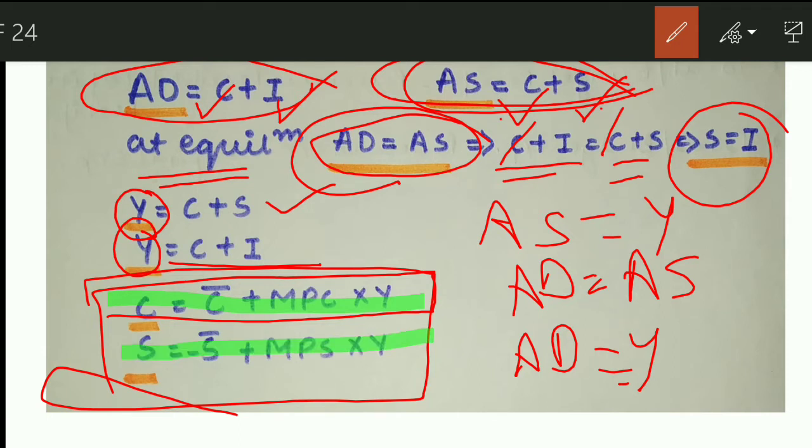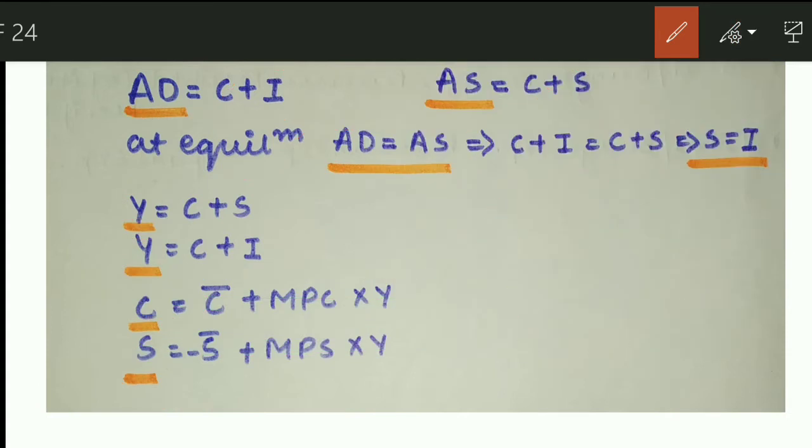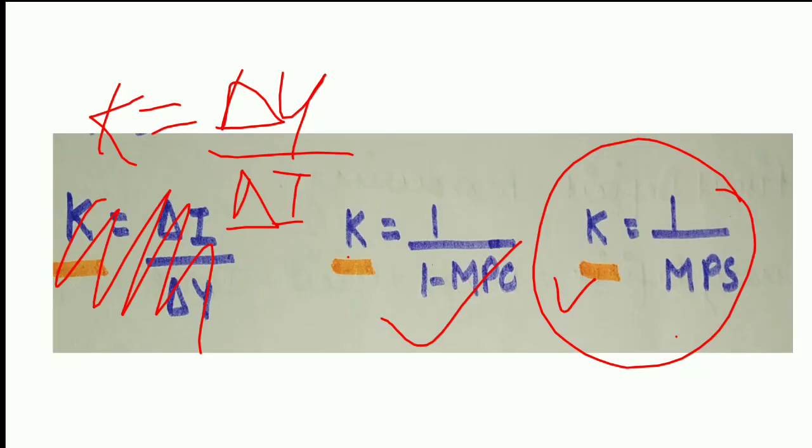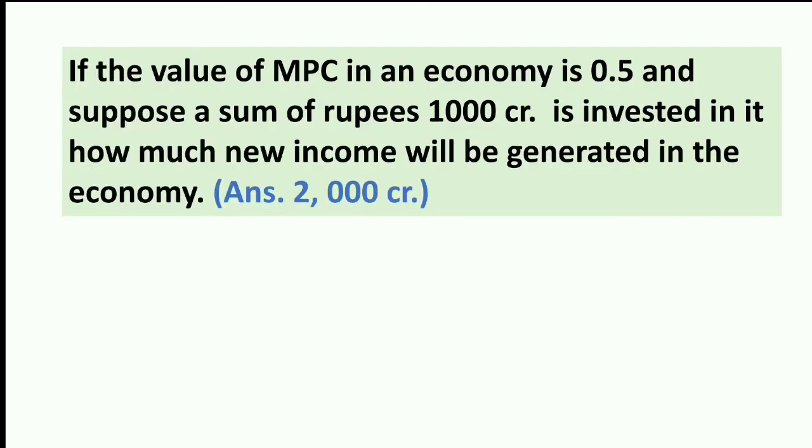And then in order to find saving, you have to add autonomous saving and marginal propensity to save into income together, and then you will find your saving. So remember these two equations which are quite new to you. Other equations were such which you had already studied in your previous lectures, right? So remember these two equations. Now let's move to the questions.